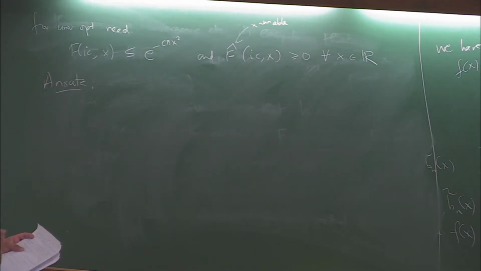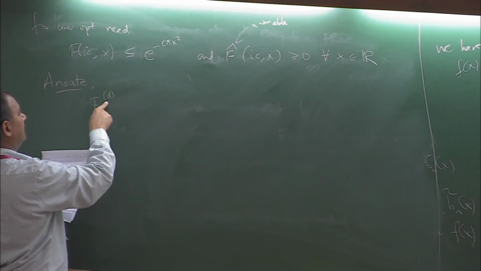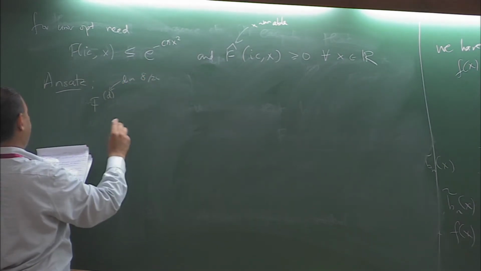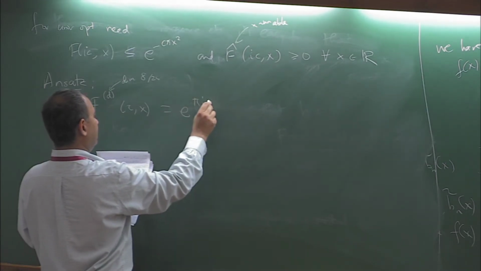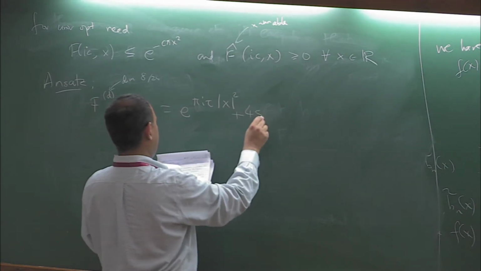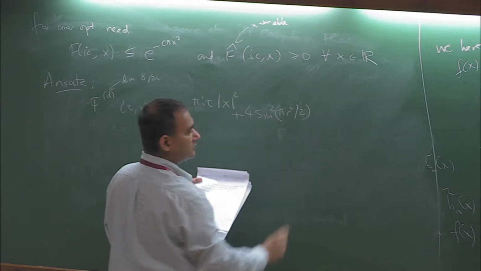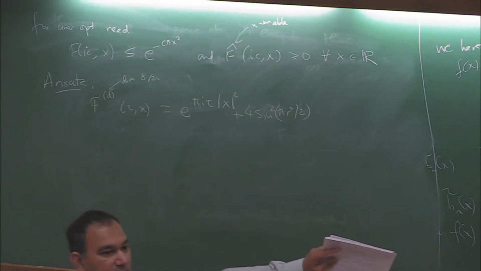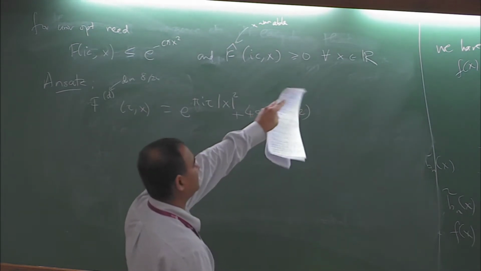It turns out that the following is true. You make this ansatz that f_d, where d is the dimension 8 or 24, of tau x is the following thing: e to the pi i tau x squared plus 4 sine squared of pi r squared over 2. So the point is, each of those c_n's and those a_n's and b_n's were integrals of this form, sine squared of pi r squared over 2 times something.